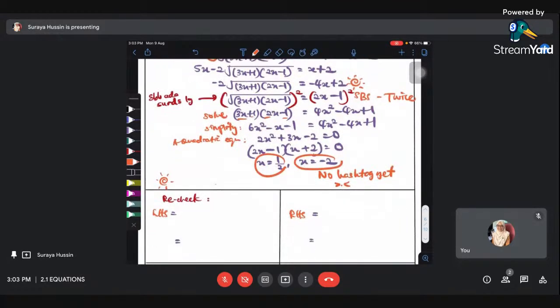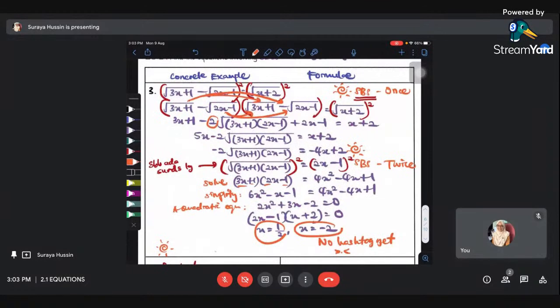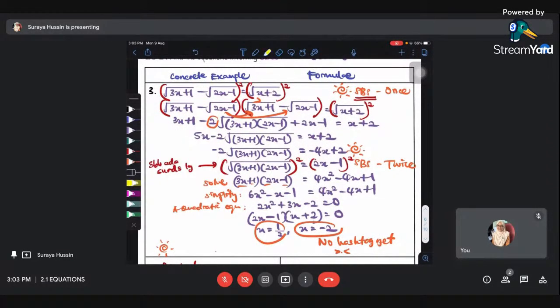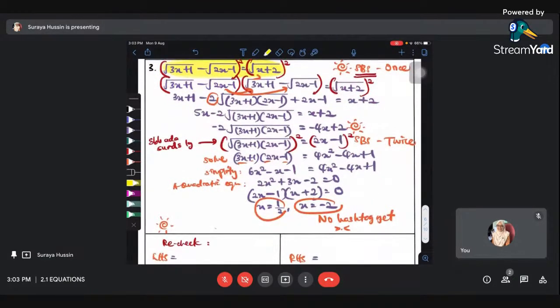Cara nak buat adalah masukkan left hand side. Okay, kena tengok balik soalan yang mana? Tengok balik soal equation yang pertama. So I highlight the first equation. Tolong tak perlu hafal lah. I mean you just check the left hand side.